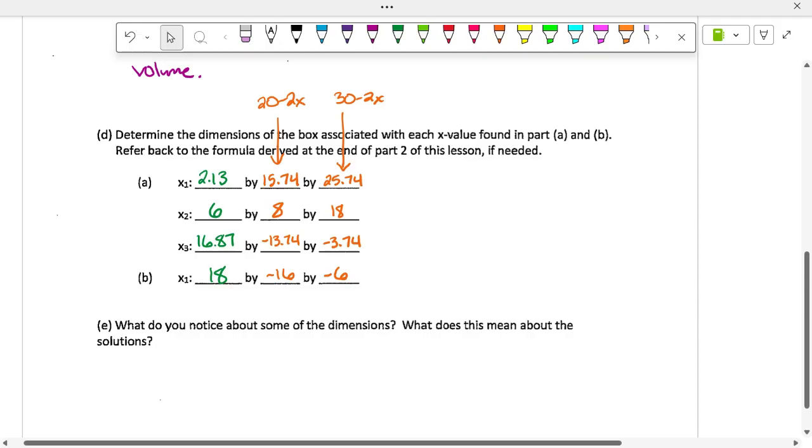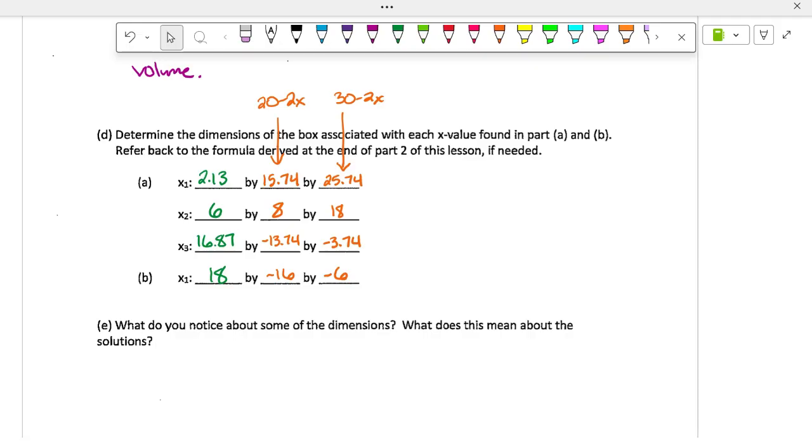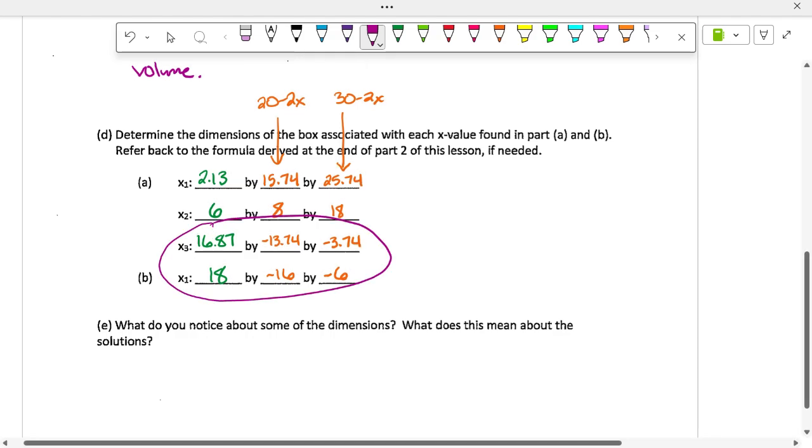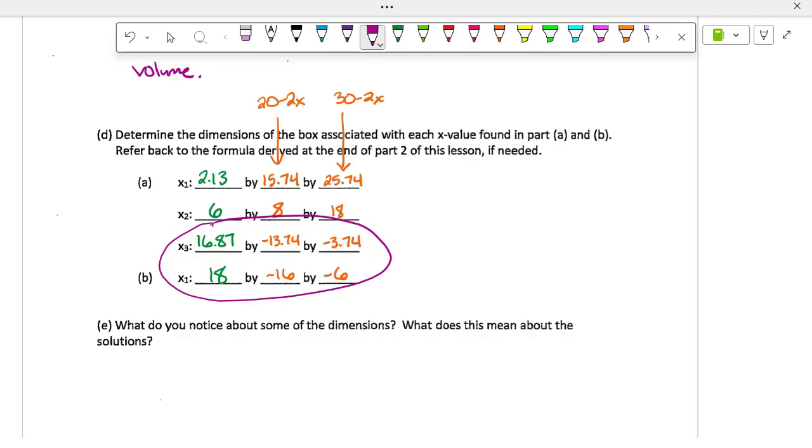All right. Now, looking at these dimensions, what's kind of off about some of these? Some of them are negative, specifically right here. Can we have negative dimensions? No. So if we have some negative dimensions, what do you think that means about those solutions?